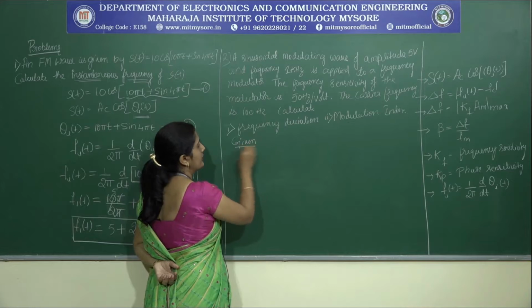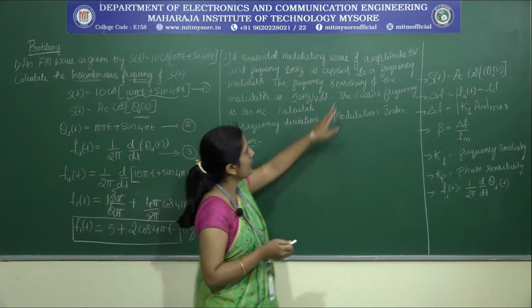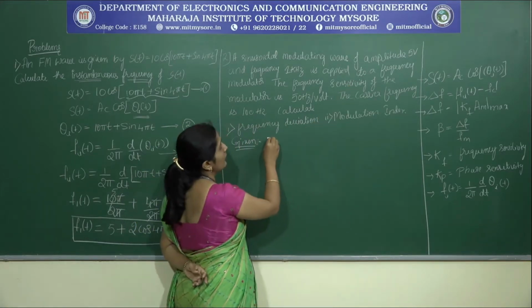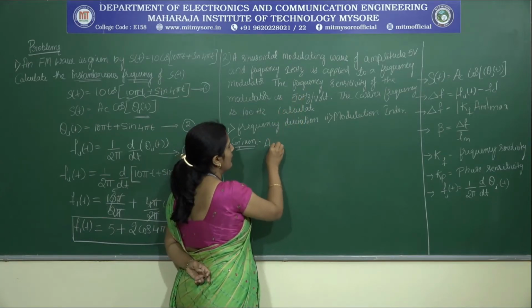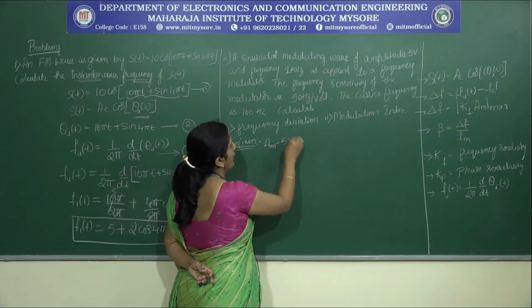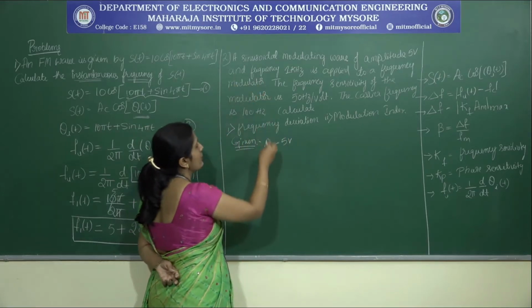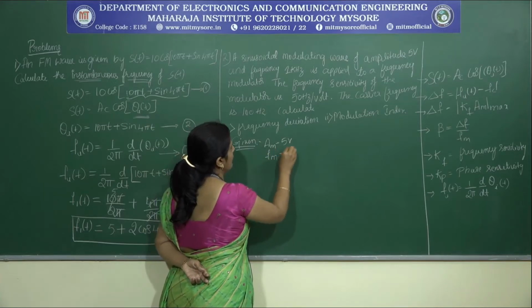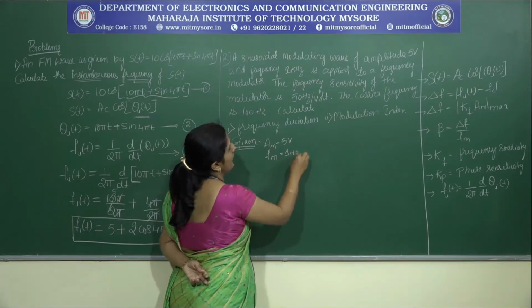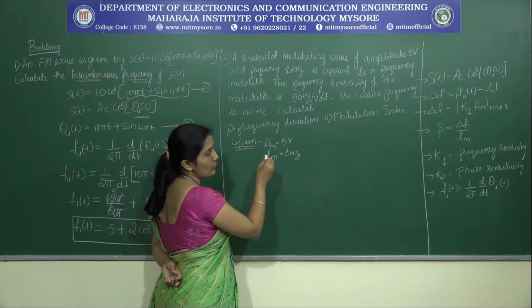Now let us write what are the given terms. Given terms are, here you can see the amplitude of the modulating wave is nothing but our AM is equal to 5 volt and the frequency FM is equal to 1 hertz, and it is applied to the frequency modulator.